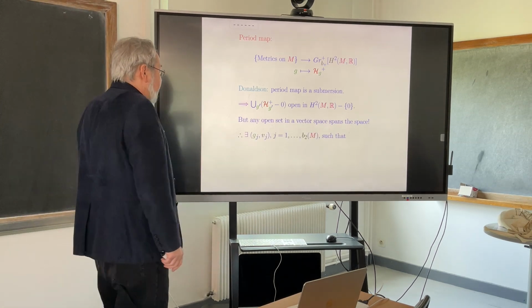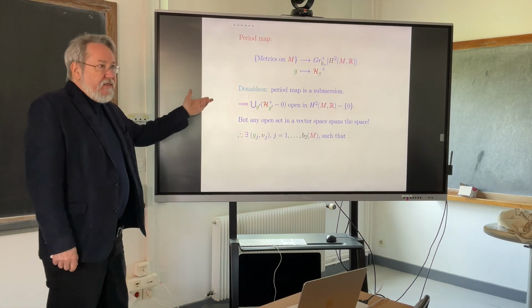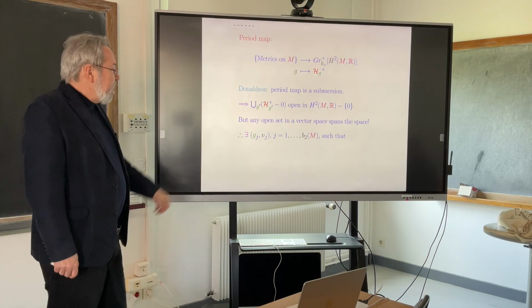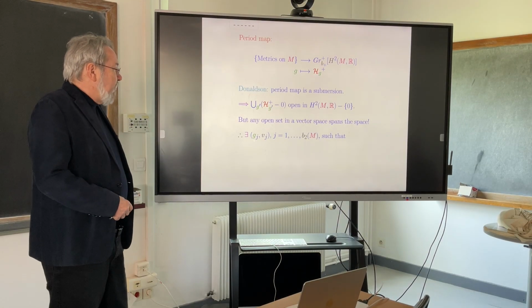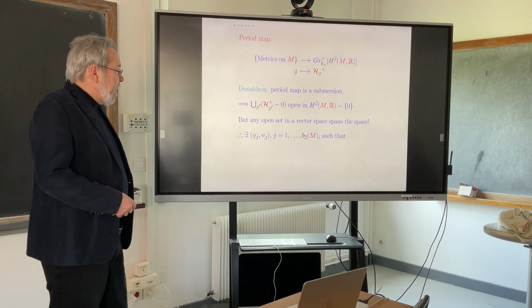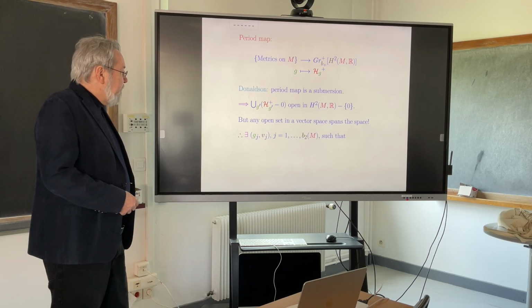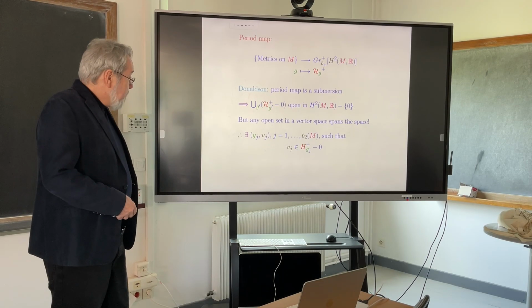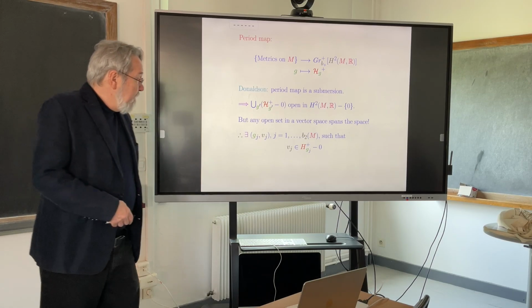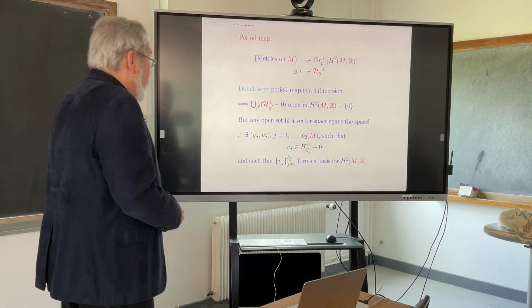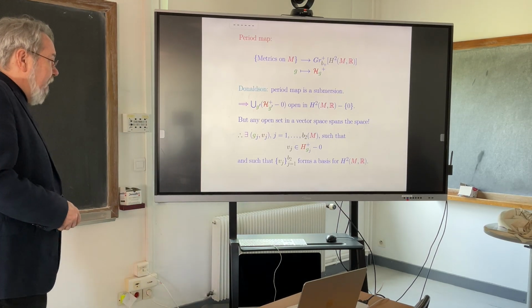But that means that you can find a basis for H2 consisting of vectors which are self-dual with respect to some metric. So in particular, you can find a collection of pairs that consist of a metric and a cohomology class where these cohomology classes actually form a basis for the second cohomology.